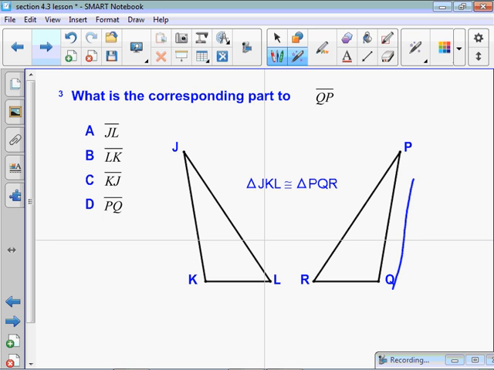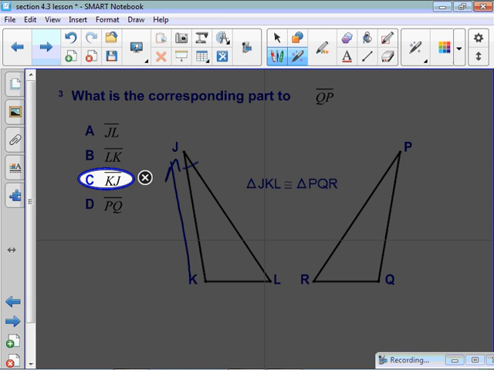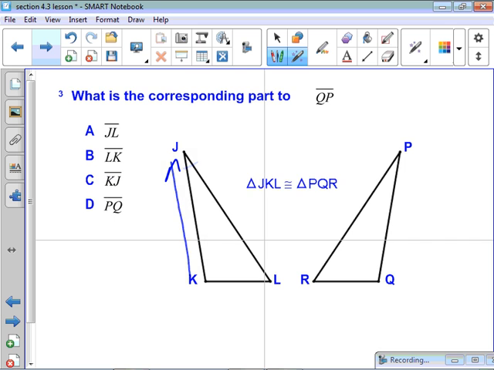So QP means we're starting at this angle here, and we're winding up at this one here. We need to start with the part that corresponds to Q, that's K, and go to the part that corresponds to P, that's J. So when we name our corresponding side, it's KJ, not JK. Okay? Good.